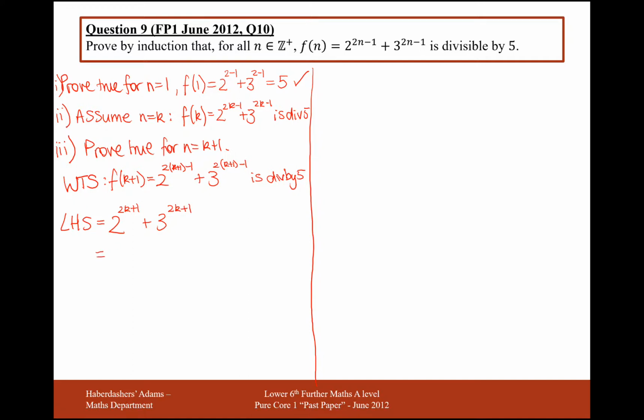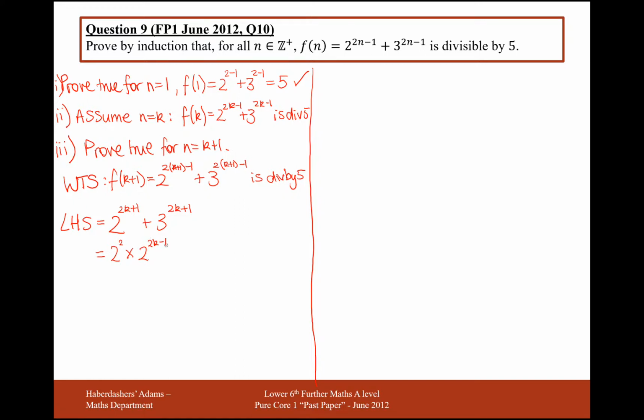Now what I want to do is somehow link it back in with my assumption up here. On the powers I've only got 2k minus 1, on the powers here I've got 2k plus 1. So what I'm going to do is split up this indice into 2 to the power of 2 times 2 to the power of 2k minus 1.